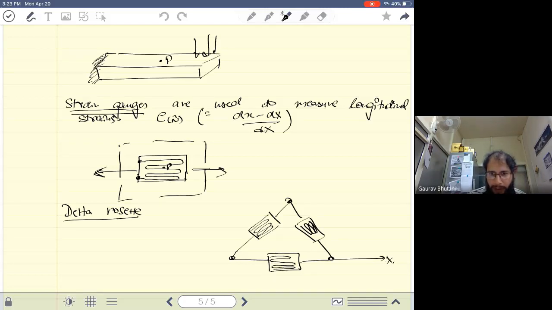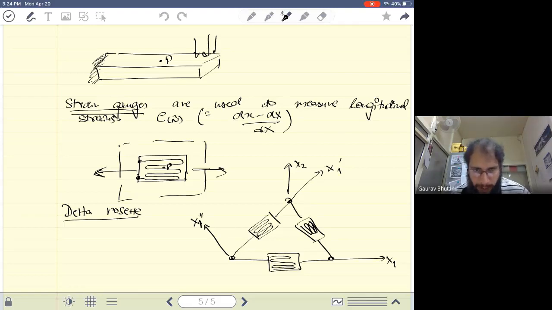So this is my x1 direction, that's my x2 direction, and I can call this direction x1 prime, and this direction x1 double prime. It's just a label. So x1 and x2 are the two directions in this situation, and x1 prime and x1 double prime are just labels given to two directions. Now this is an equilateral delta rosette, so this angle that you see here is 60 degrees.